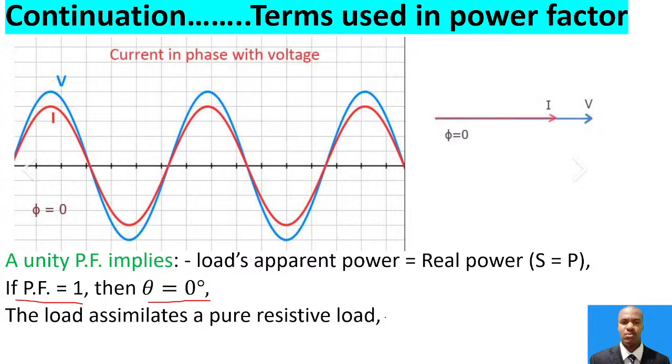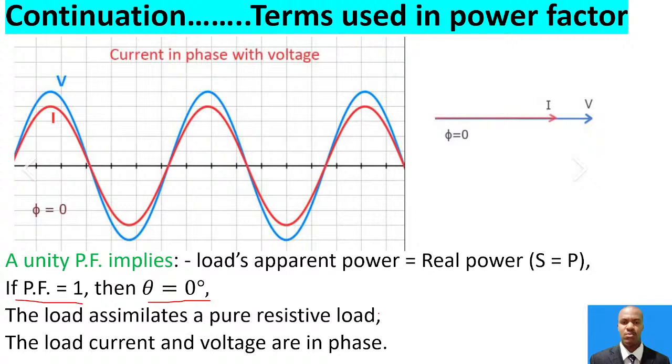So it simply implies that the load behaves like a pure resistor. It is a pure resistive load. Then the load current and voltage are in phase. That is what I was explaining here. They are moving at the same pace without any changes in the angle. The phase angle is equivalent to 0.